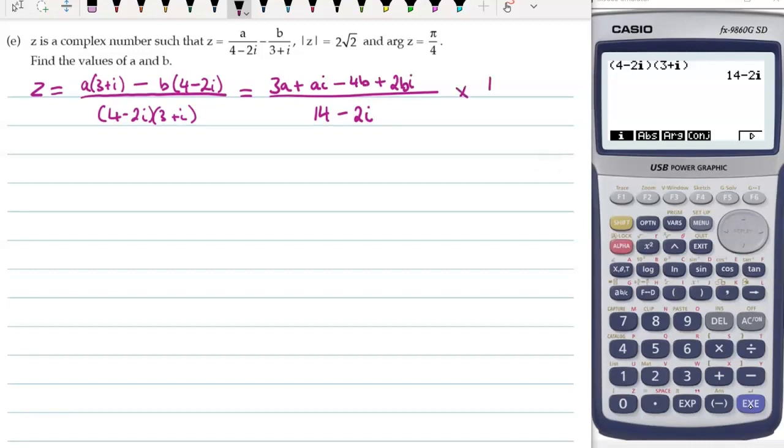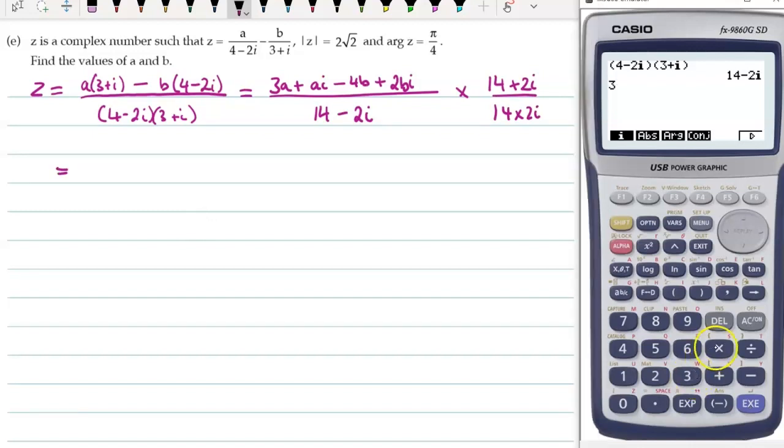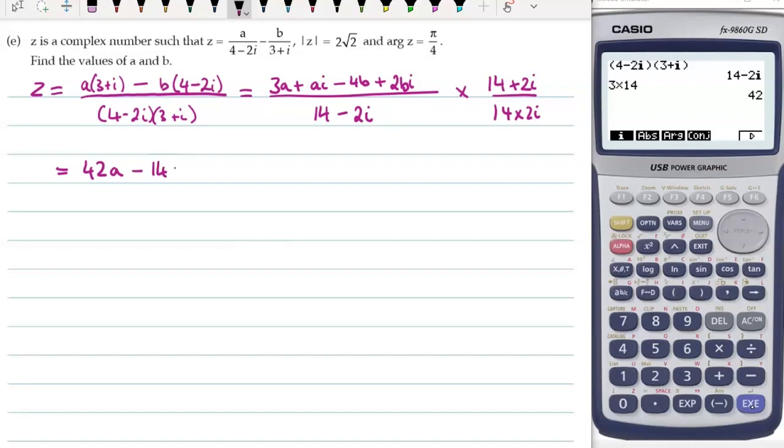Then we'll times that by the complex conjugate of the bottom to rationalize the denominator there. Okay, so 3 times 14 is going to give me 42a. Then 14ai. And we've got minus 56b plus 28bi.